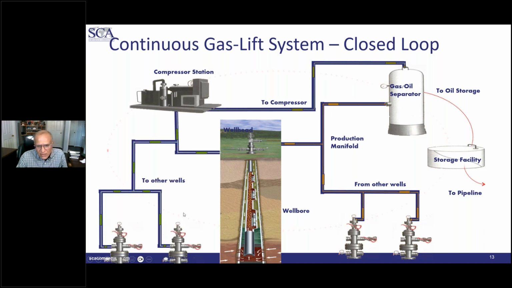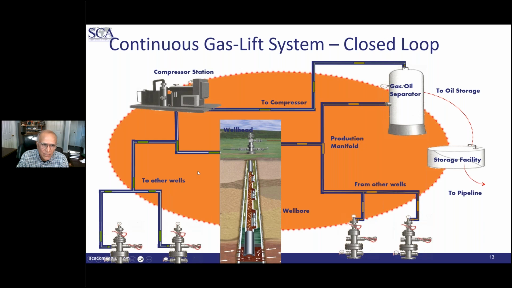So all these wells are connected not only at the production manifold, but also at the injection manifold. And as I was mentioning earlier, when you have multiple wells with differing productivities and differing characteristics, the challenge comes up when you have to allocate the right quantity of gas in order to maximize the production from the group of wells.